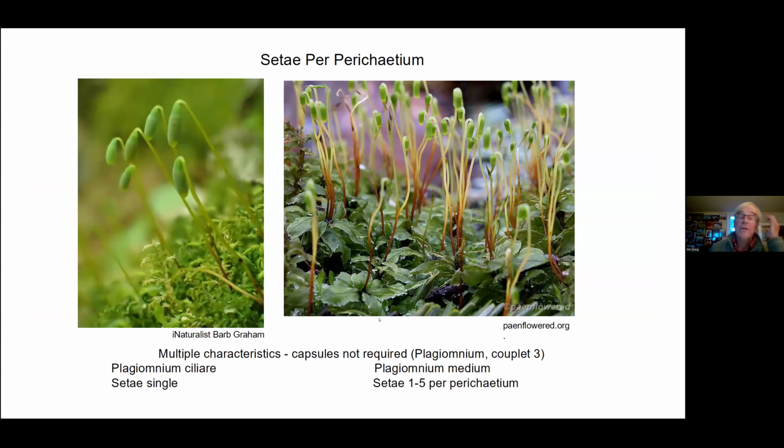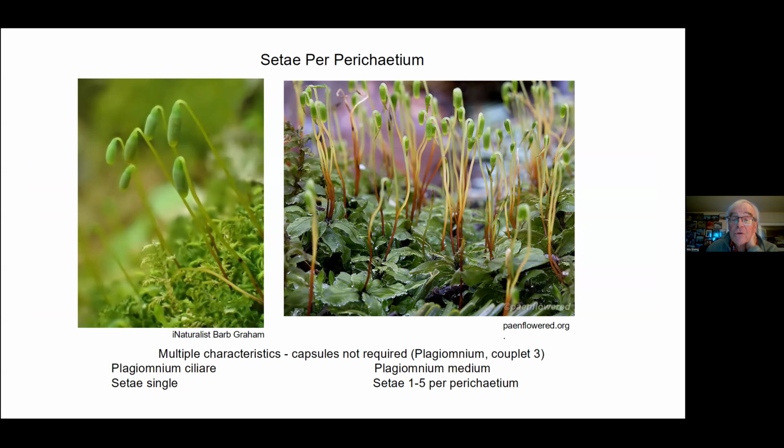Another seta characteristic is in the Plagiomnium genus, in couplet 3. Plagiomnium solari is described as having a single seta, which you can see here, and Plagiomnium medium has 1 to 5 setae coming out of the perichaetium, which are these leaves here.